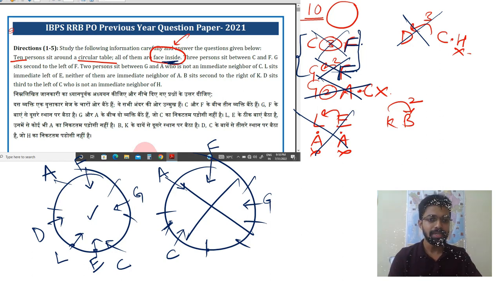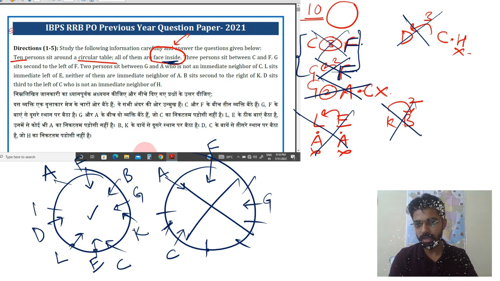Now B is second to the right of K. So we can see K should be here and B should be here. We have used this, and which element is left? H is left. So H will sit here.